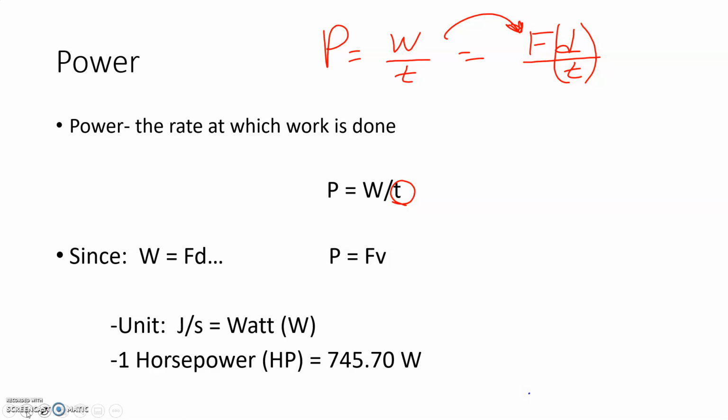Okay, now our units of power are watts. A joule per second is a watt, or a newton meter per second. A watt is our base unit of power.